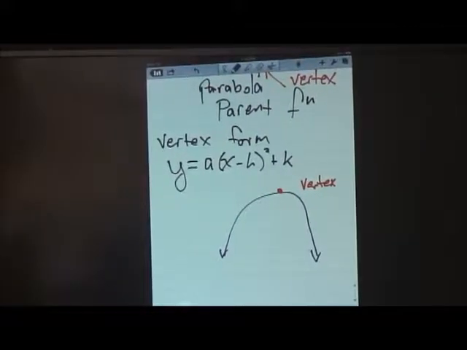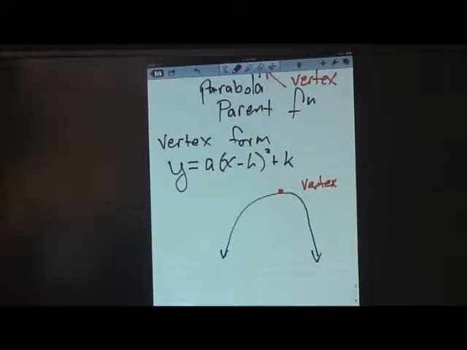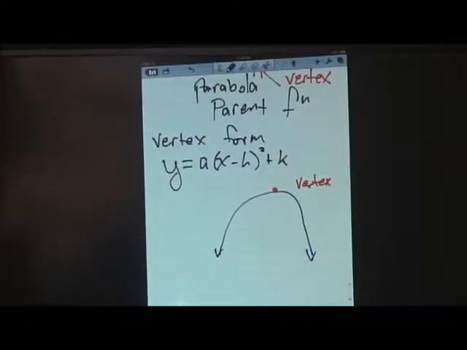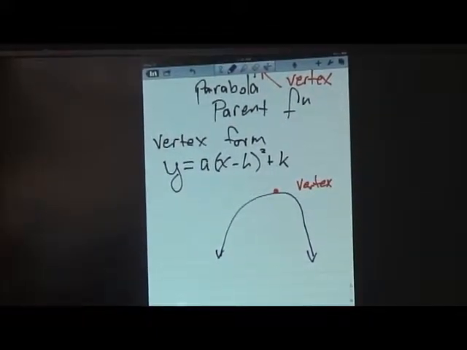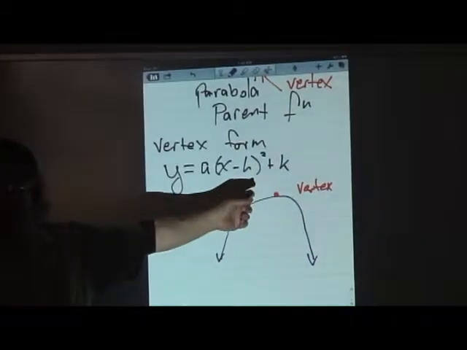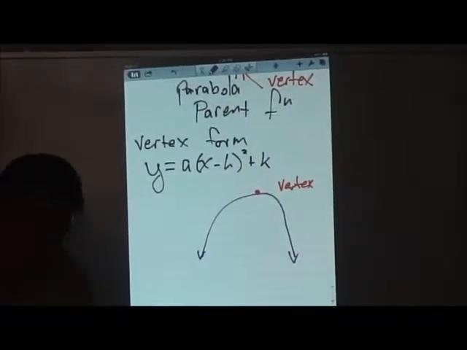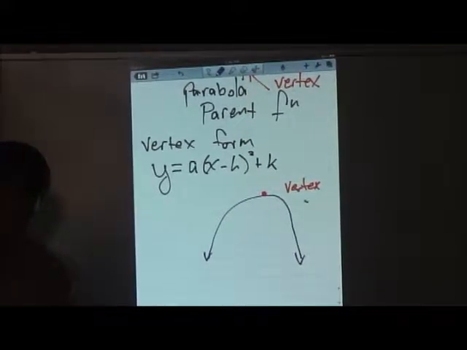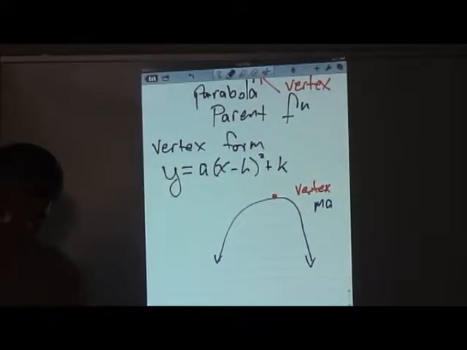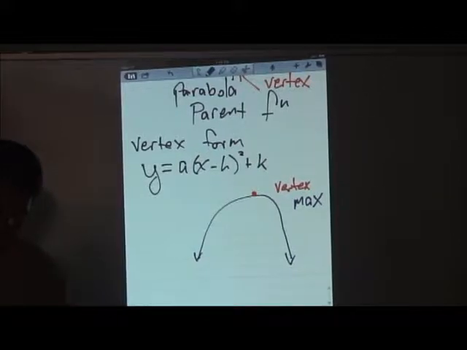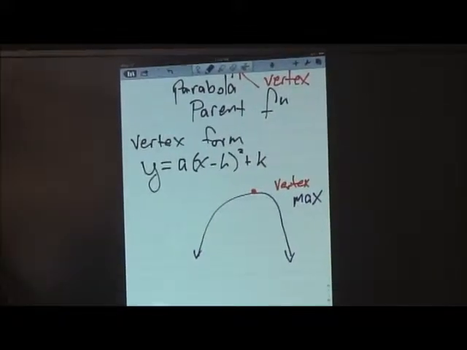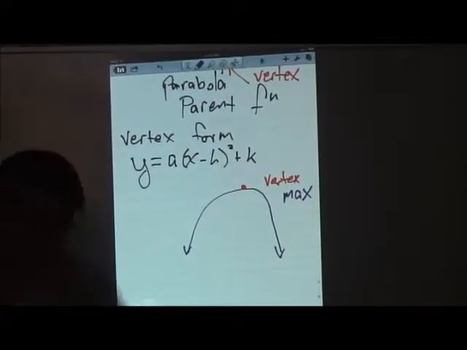And so the topmost point, that red point that I just showed you at the top here, is now the vertex, and the vertex in this case is the maximum point. Right, so we have minimum being the lowest point, maximum being the highest point. So when we're talking about the vertex, we're talking about either the minimum or the maximum.